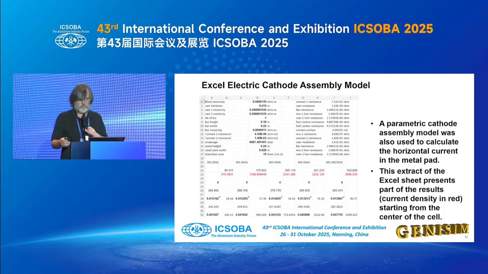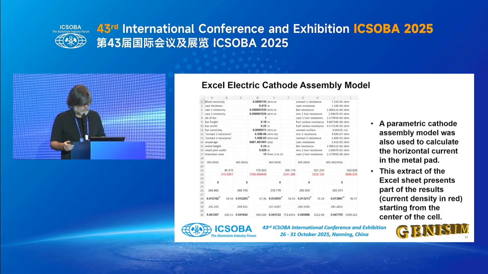We will see a presentation about this this afternoon. So you simply input the input parameters here, and you get the solution for the horizontal current, and you get the CVD in Excel.